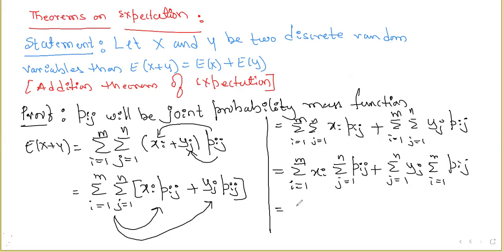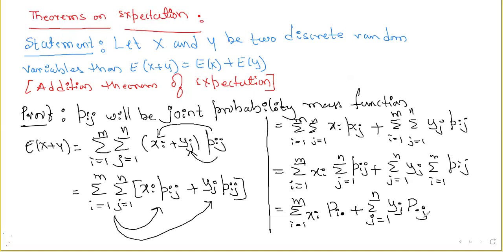So here, summation i running from 1 to m xi stays as it is, and this term I will treat as one new term, that is p i dot, since j is running here. Dot means that index varies. Plus summation j running from 1 to n yj, and this is p dot j.